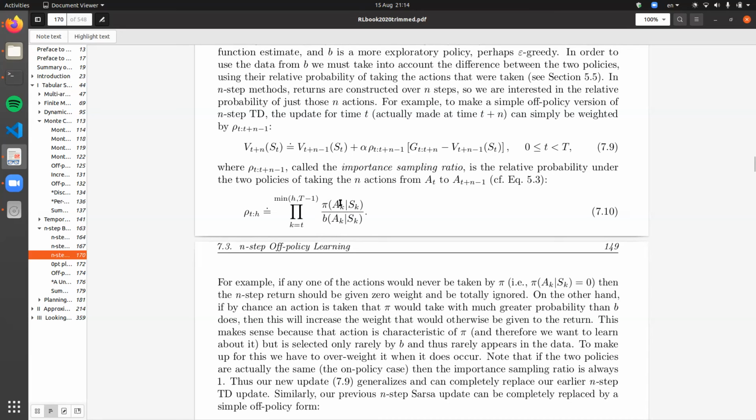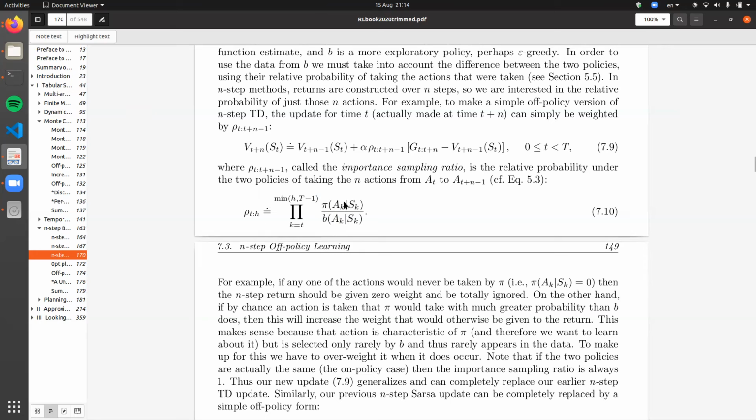So imagine our pi is a greedy policy, then all the probabilities except for the probability of the greedy action will be 0. And imagine our behavioral policy is, say, an epsilon-greedy policy. In that case, we will have non-zero probability for the non-greedy actions.